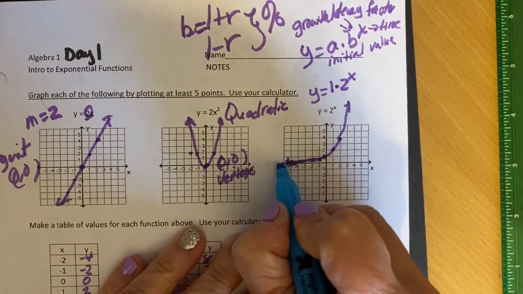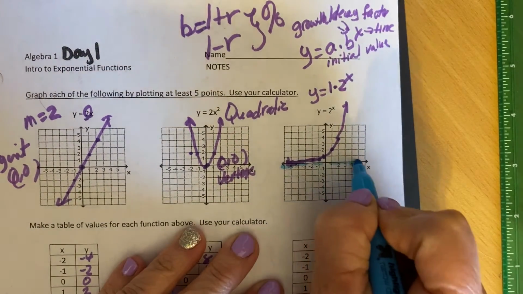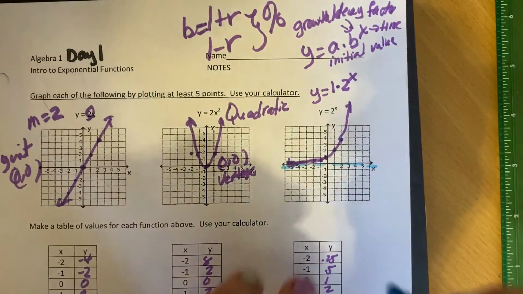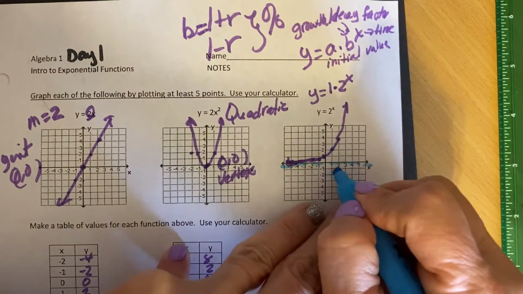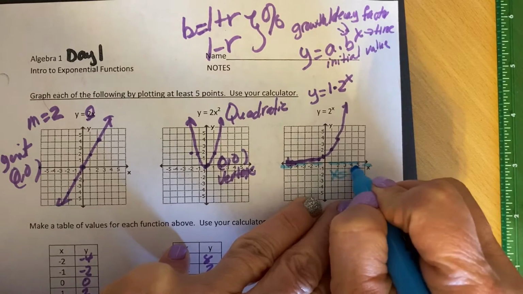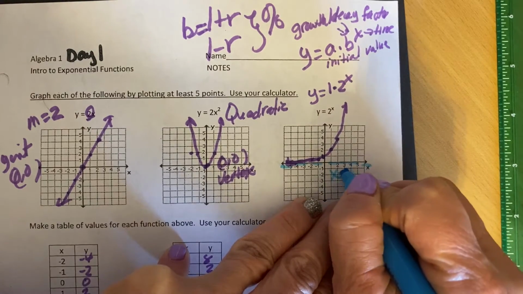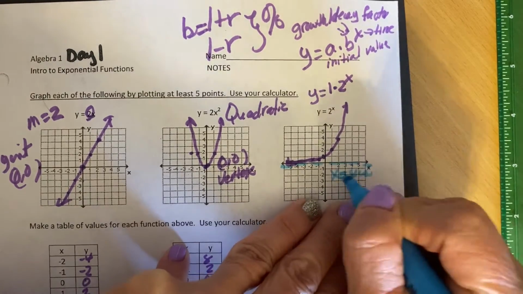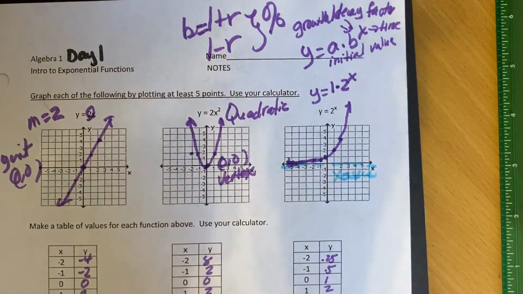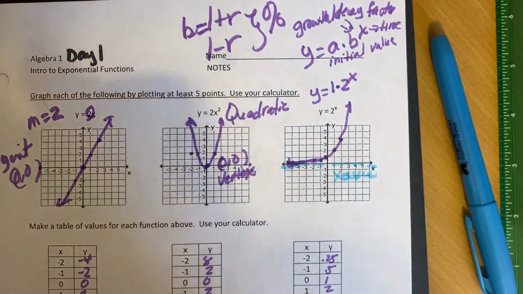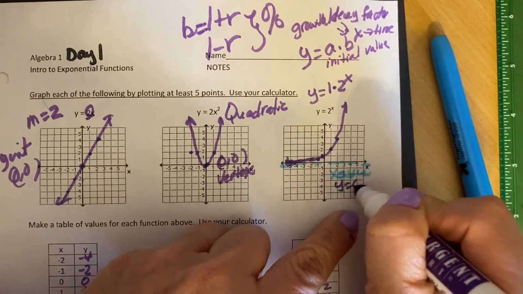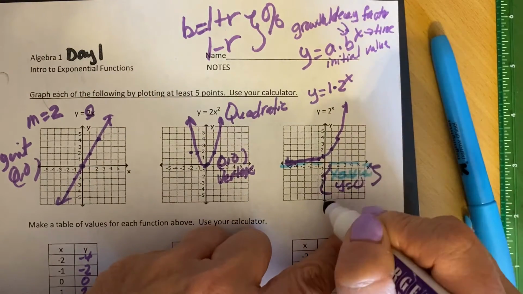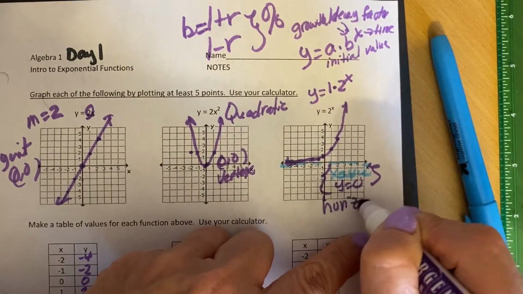This little dashed line right here is where it's trying to get to, but it will never get there. So the x-axis is our horizontal asymptote, which is also known as y is equal to 0. And that's our horizontal asymptote.